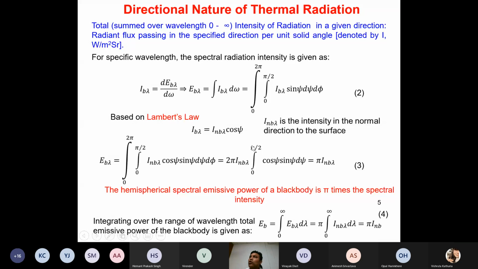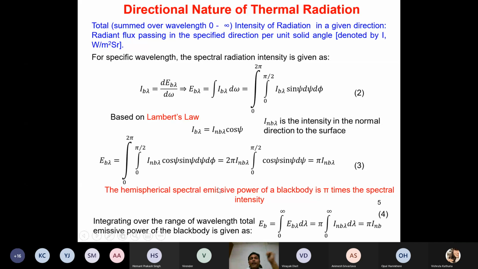So integral between 0 to pi by 2 cos psi sin psi d psi, if you do it, this comes out to be 1 by 2. So this 2 gets cancelled out. So what ultimately we get is Eb lambda, which is nothing but the spectral emissive power of a black body, is related to the spectral intensity in a normal direction multiplied by pi. Okay. Again, as we are saying, this is a hemispherical spectral emissive power.